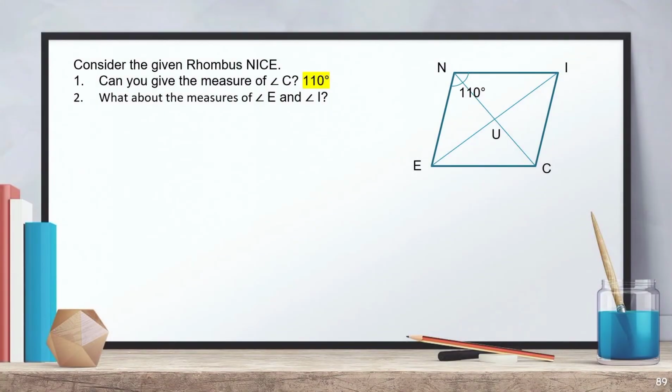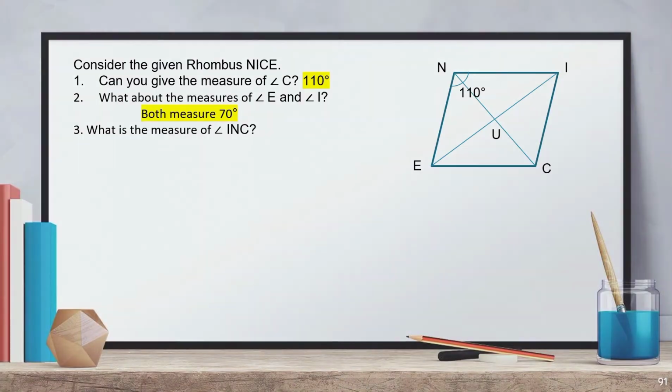What about the measures of angle E and angle I? Both angles measure 70 degrees because angle N and angle I are consecutive angles and they must be supplementary. So we have 180 degrees minus 110 is equal to 70 degrees. So angle I measures 70 degrees. And since angle I is opposite to angle E, therefore angle E also measures 70 degrees.